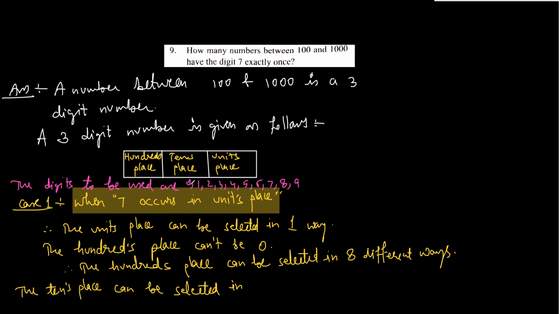Zero can be there, only seven cannot be there. So from these 10 digits, only seven, that is one digit, can't be there. So 9 ways. So I will write, therefore, the tens place can be selected in 9 different ways. Okay. So total how many? You can check.